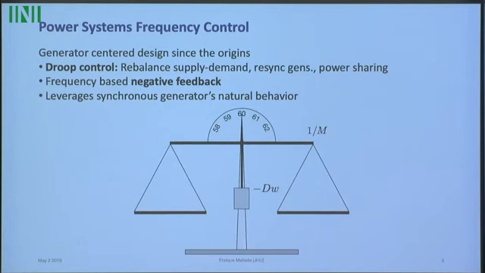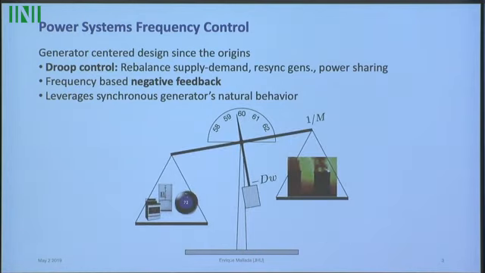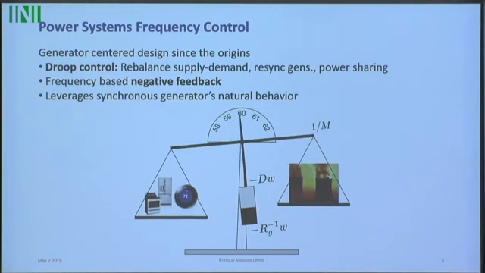So what happens is that when you have more demand than supply, there's an imbalance. This imbalance is actually projected onto a different frequency. And if you put Droop control on the generation side, what you do is just put more weight here, and you control the frequency tighter and tighter.